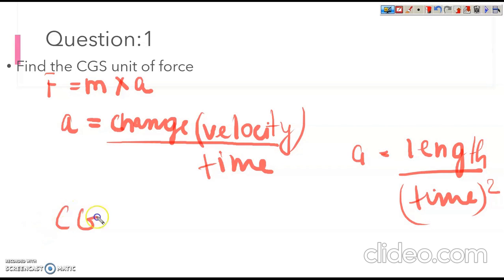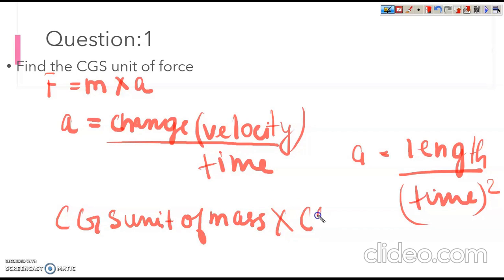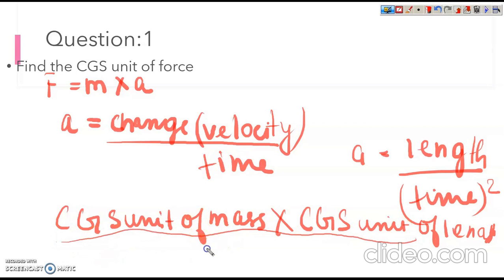So CGS unit of mass multiplied by CGS unit of length over CGS unit of time, which will be whole square, which will be gram centimeter over s square.